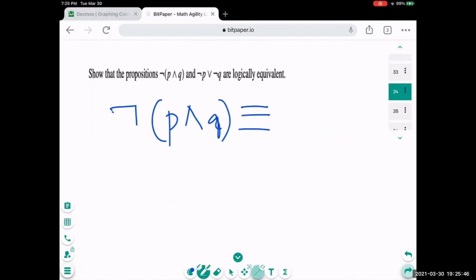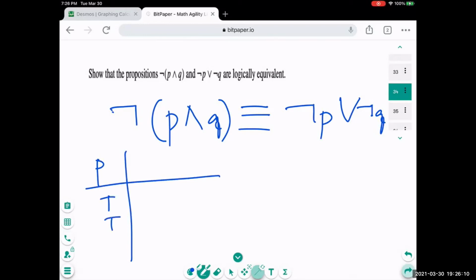So tatlo, negation of P, disjunction of negation of Q, right? And yung ano niya. So kunin muna natin yung truth table nung left side nung equivalence equation sa P. Ganun uli.